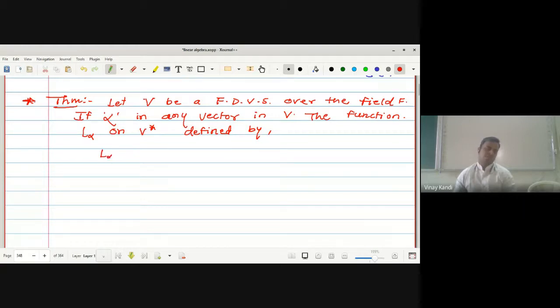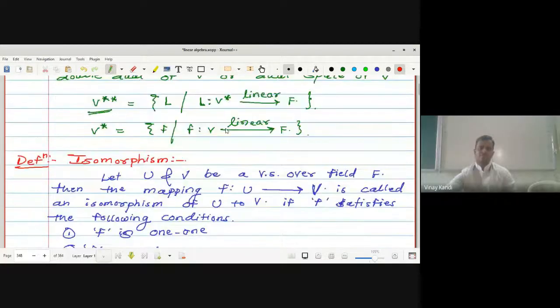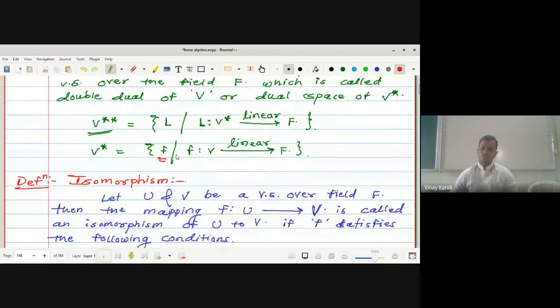L alpha. आता इनपुट काय असेल तुमचा? What is the input? L alpha is a function on V star. What is V star? The collection of all linear functionals on V. L alpha of f. V star मध्ये काय तुमचे सगळे functions आहे.